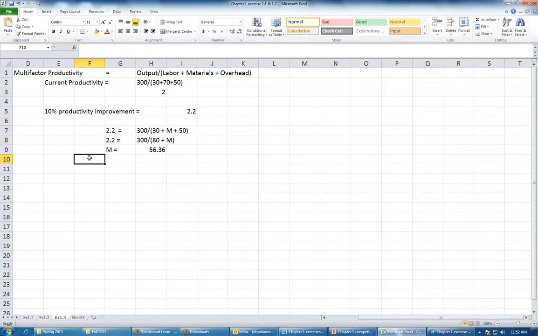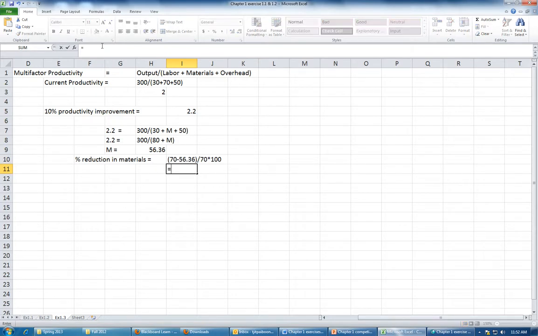You can find the percent reduction in materials as the original 70 minus 56.36, all divided by the original, times 100 to become a percent.